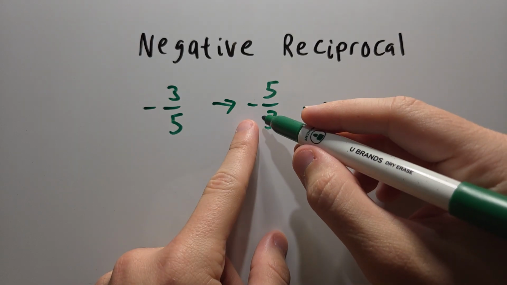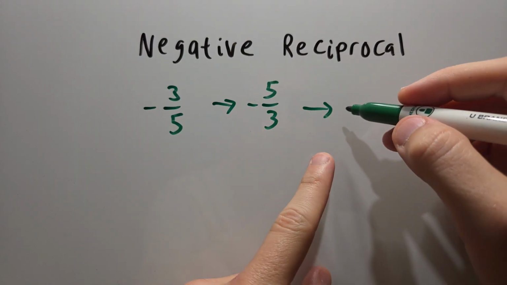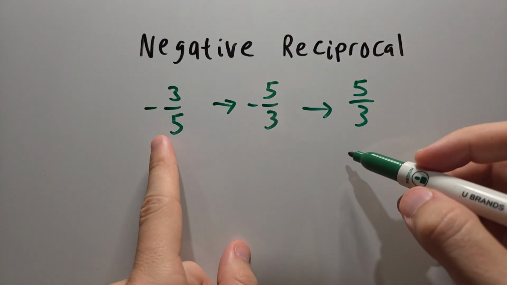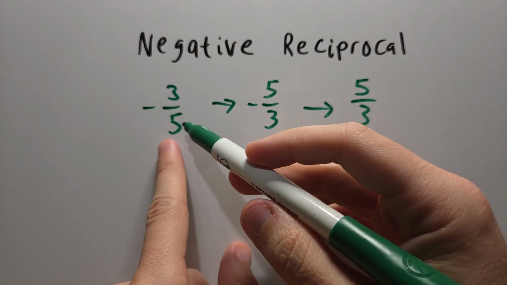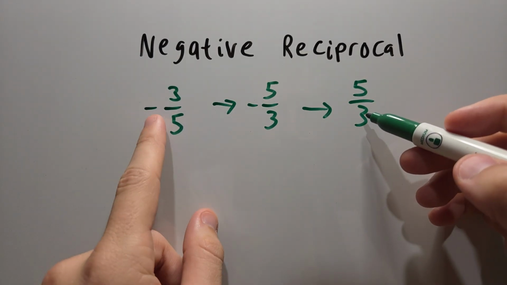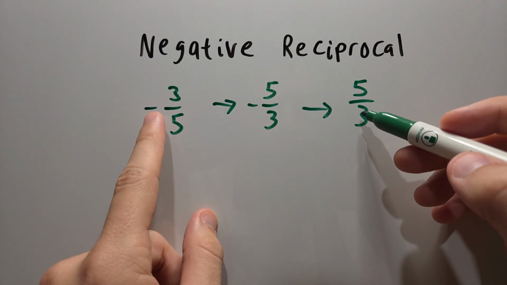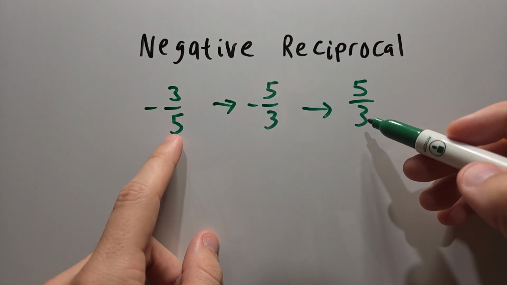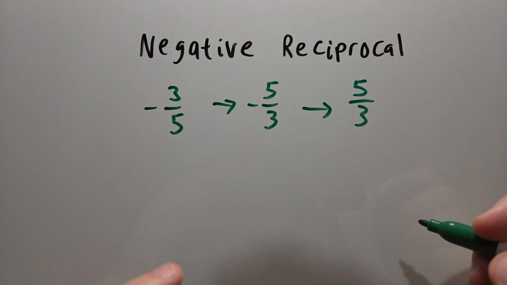Since this is already negative, the negative of a negative will make it positive. So the negative reciprocal of -3/5 is 5/3. If you multiply these two fractions together, you'll get -15 over 15, and that results in -1.